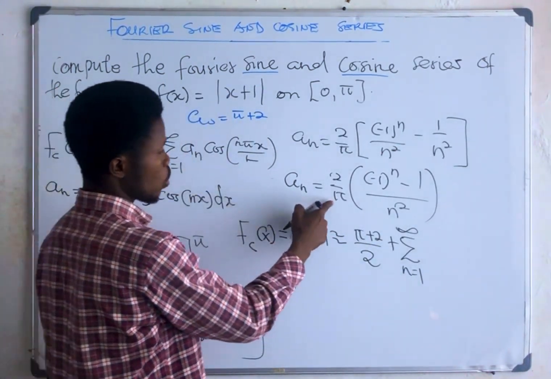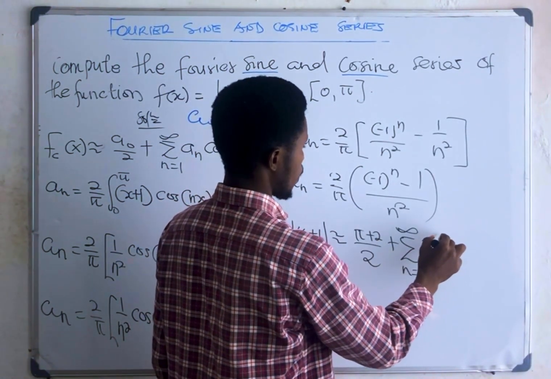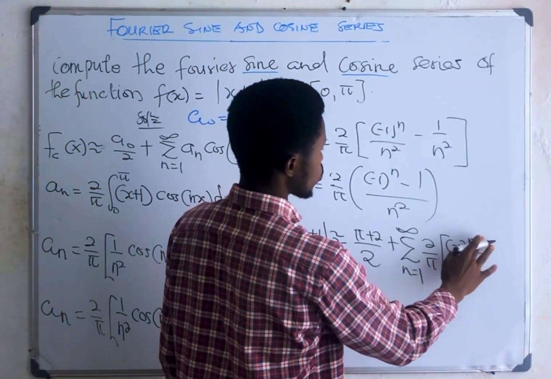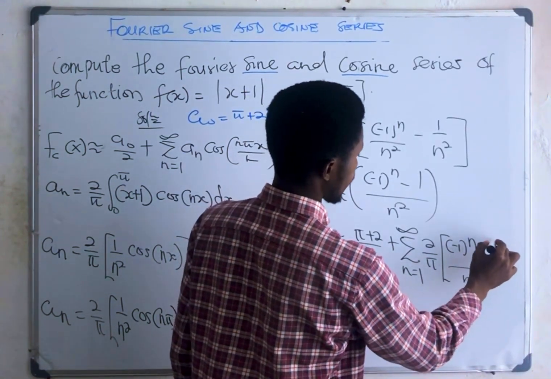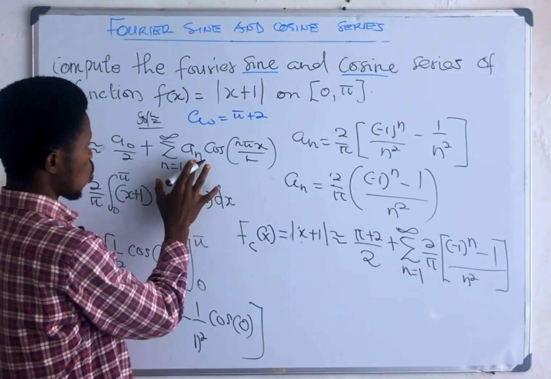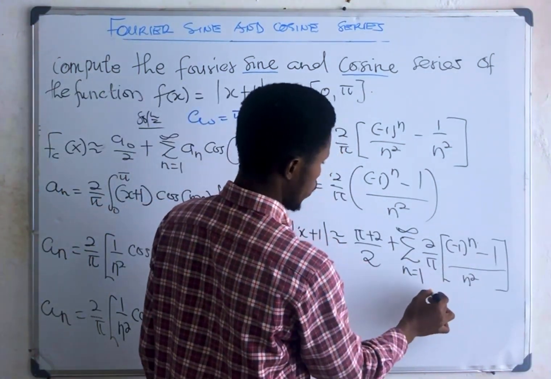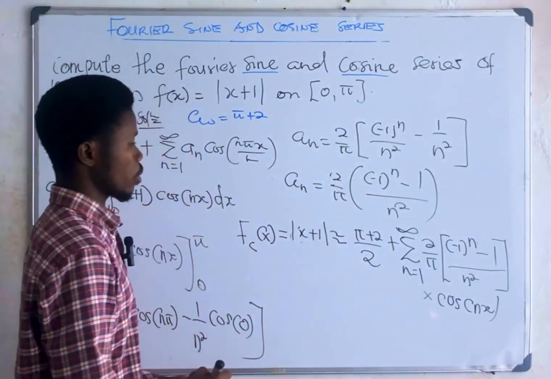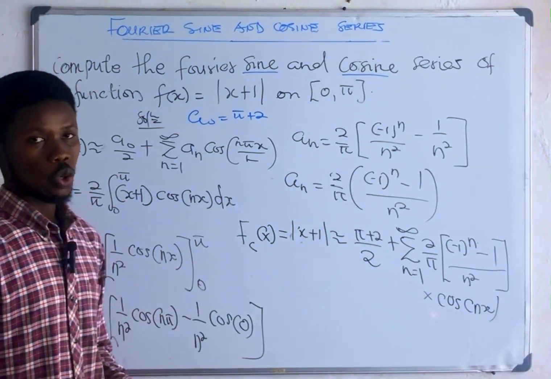Our a n is the whole of this, which is 2 over pi times negative 1 to the power n minus 1 all divided by n squared. And remember, the whole of this is multiplied by cos nx, because of the L. So let me bring it down, multiplied by cos nx. Is that okay? So this becomes the final answer for the Fourier cosine series.